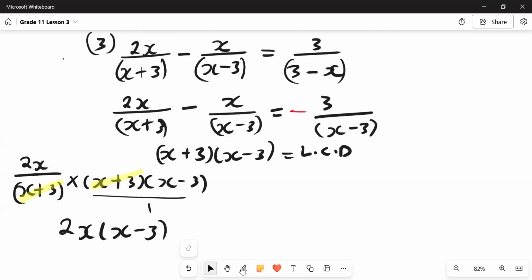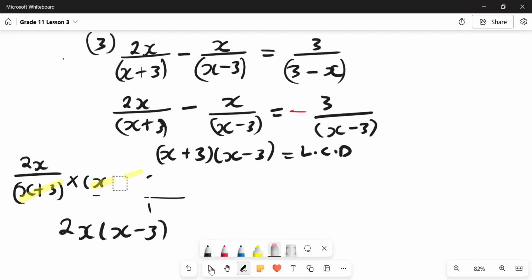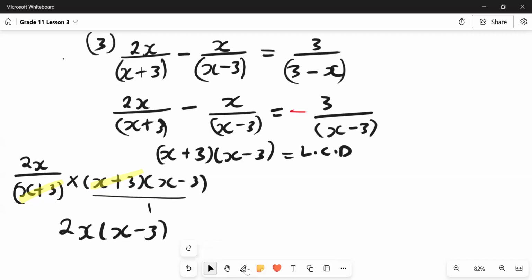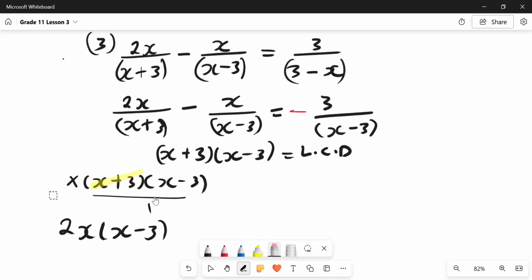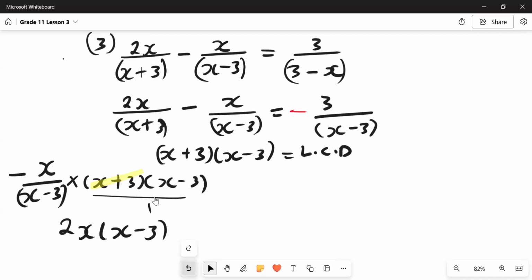Done with that part. Let's move to the next one. Actually, let me just remove this one here and leave the LCD because we are multiplying everything by the LCD. So now you have your minus x over x minus 3. Again, same LCD.